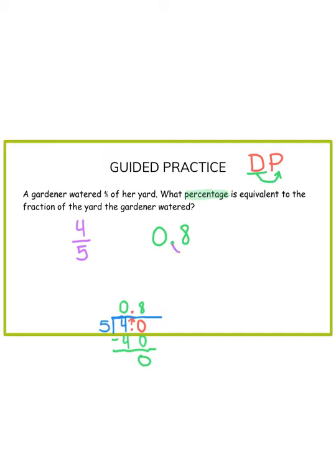So I'm going to move 2 spaces over to the right with my decimal point. 1, 2. I see a blank, so I need to put my placeholder of 0. So 4/5 is equivalent to 8/10, which is equivalent to 80%. So the gardener watered 80% of the yard.